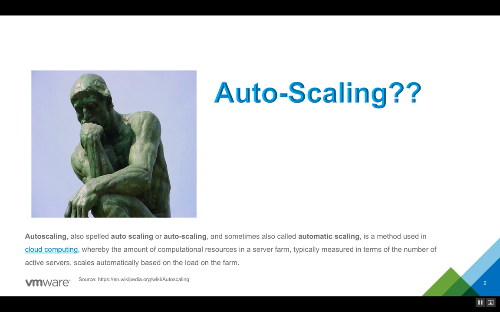The first thing is, what is auto scaling? If you go for the Wikipedia definition, auto scaling is a method in cloud computing whereby the amount of computational resources in a server farm, typically measured in terms of the number of active servers, scales automatically based on the load of the farm.